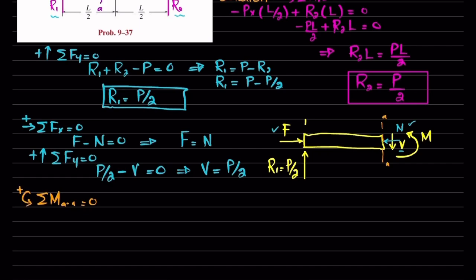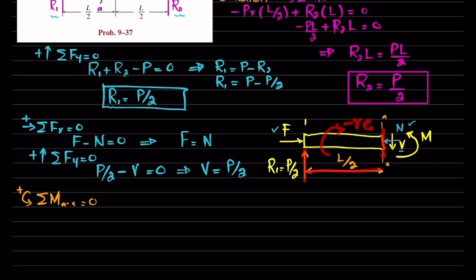So about this, the first moment will be this P divided by 2, and we cut it at L by 2. So this distance will be L by 2. Clear? So the first moment will be this P by 2 into L by 2, and this is producing clockwise, so it will be negative.